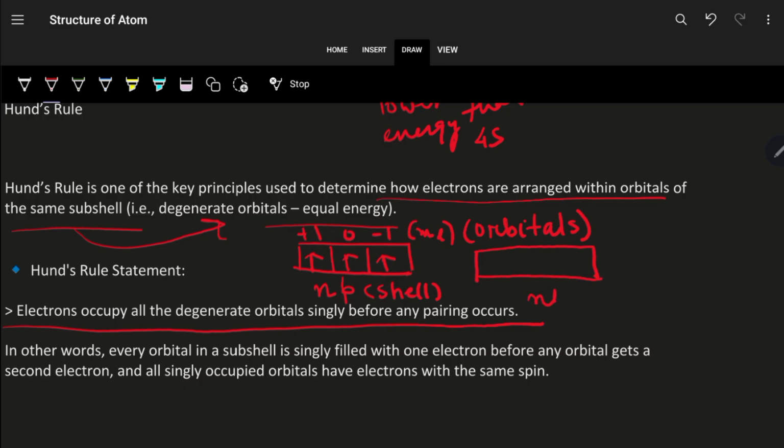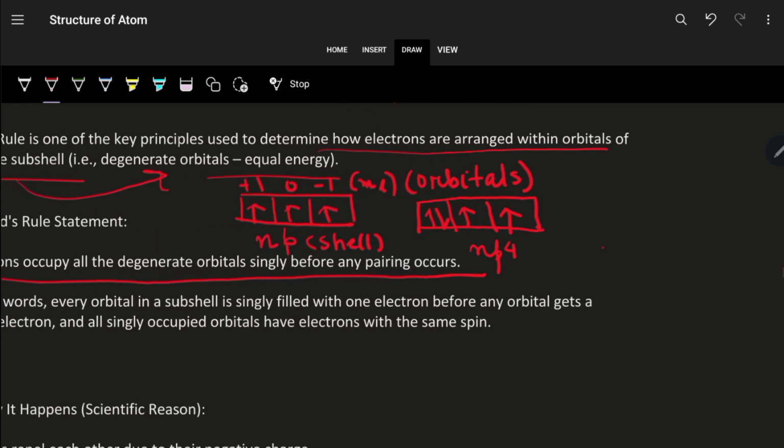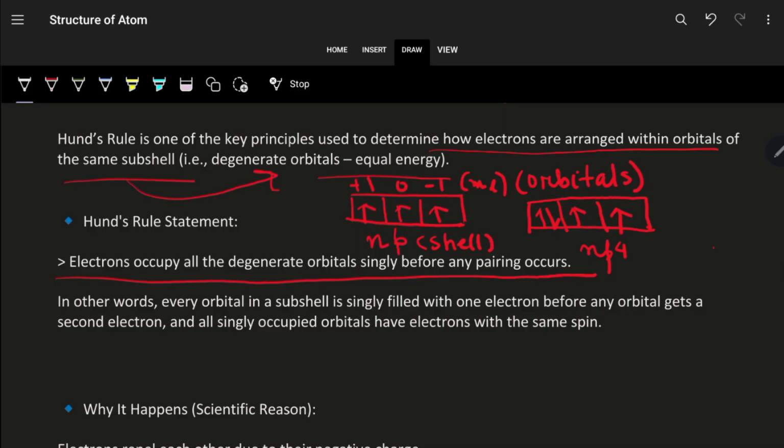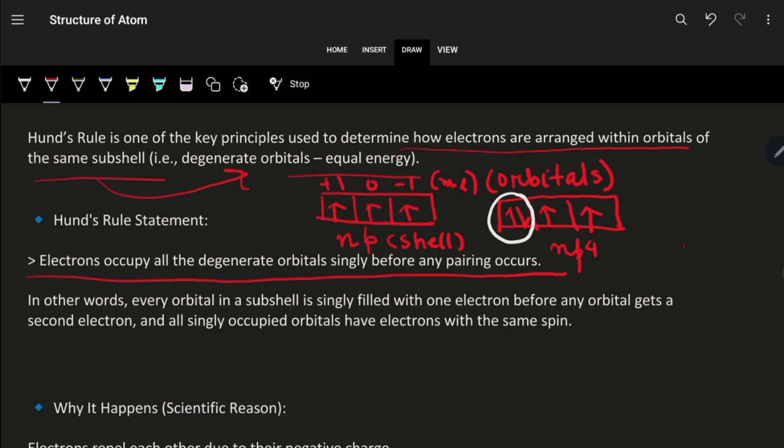Suppose I'm talking about np4. Then what will happen? This will be 1, 2, 3. The fourth will be occupying here. And so these will be like this. So here what has happened? Here actually the ms value is +half and -half. Two electrons are present in the same orbital, fine, but they have opposite spin.